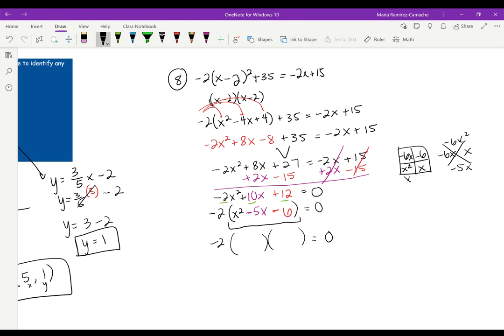So when we factor, we get (x minus 6) and (x plus 1). And now using the zero product property, if I set x minus 6 equal to 0 and x plus 1 equal to 0, we're ignoring that negative 2 in front of the parentheses since we cannot set that equal to 0. We get x equals 6 and x equals negative 1.